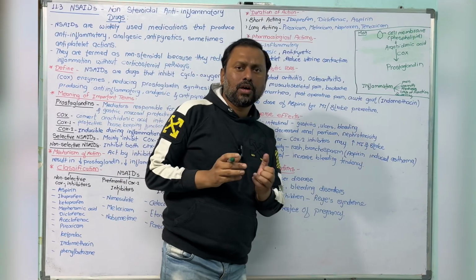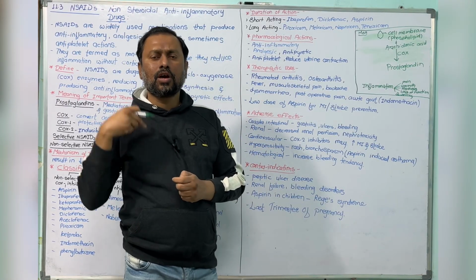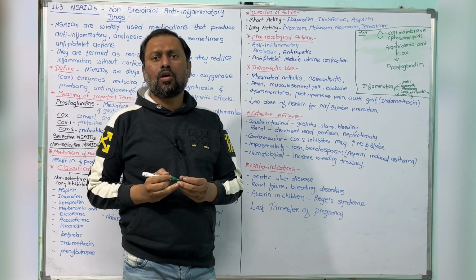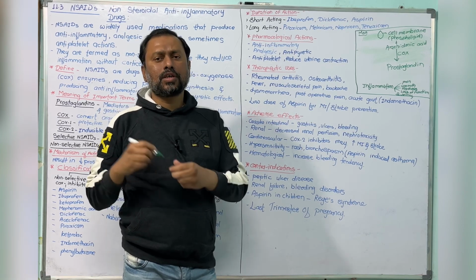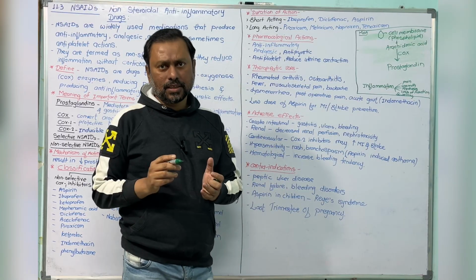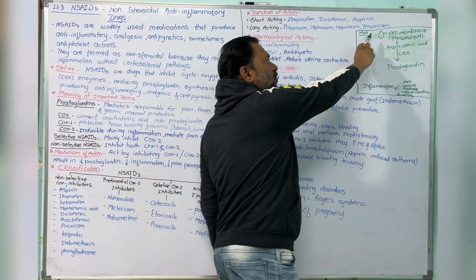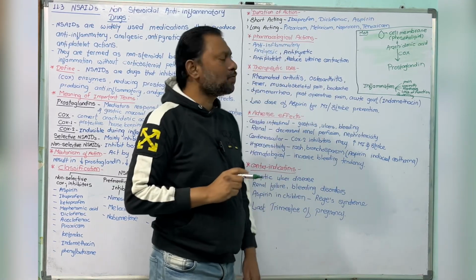Whenever there is an injury, internal or external, or infection or some other reason, and the cell membrane of our body's cells is ruptured, the cell membrane is made up of phospholipid.